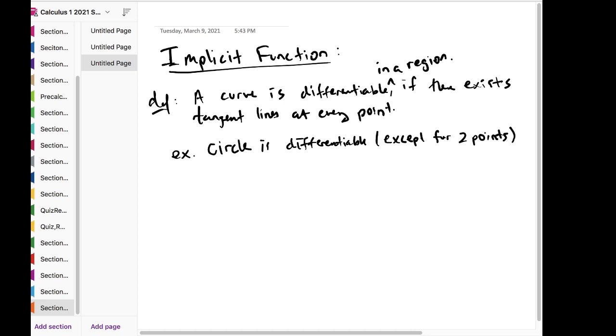Can someone say what the 2 points are? Like if I draw it, where do you think the 2 points would be that it's not differentiable? In other words, where is a tangent line kind of weird? You can use the cardinal directions.